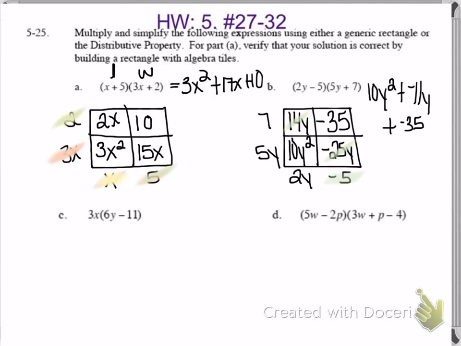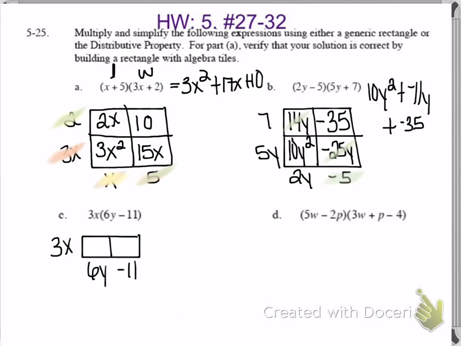Now hopefully you looked at letter C and saw that I could use the distributive property to multiply these two products. However, I'm going to show you what that looks like using the generic rectangle. I'm going to place the 3x off to the side, 6y, and -11.